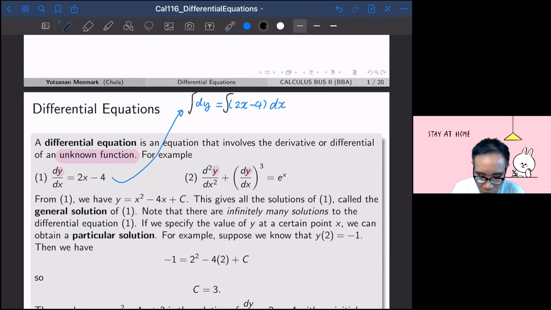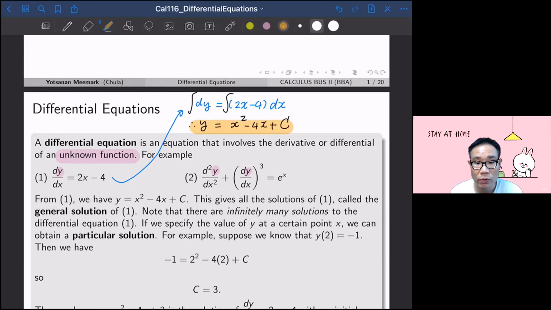So you integrate dy and you get just y, and you integrate 2x minus 4, which gives you x squared minus 4x plus a constant c. So this will be your solution in this case: y equal to x squared minus 4x plus c.